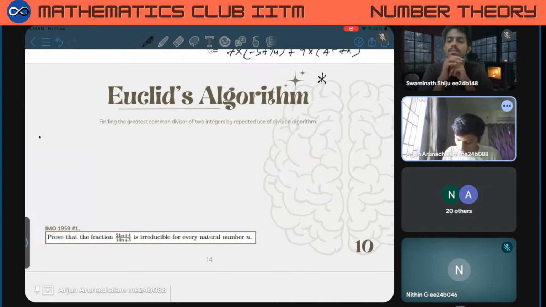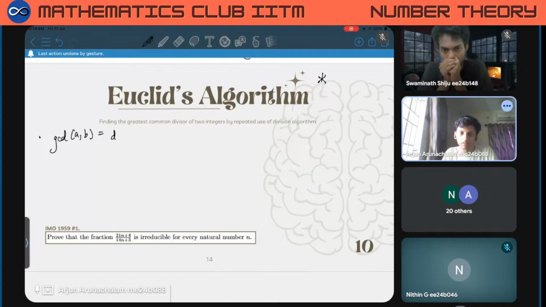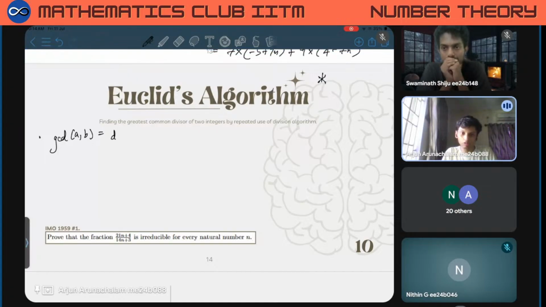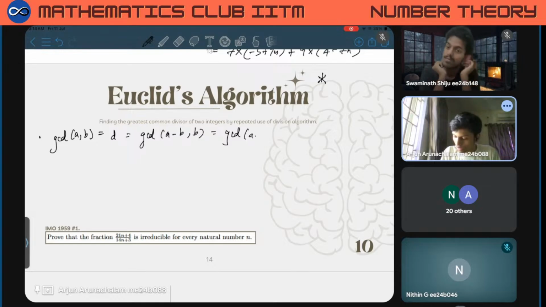Basically this theorem states that if GCD of a comma b is equal to some, let's say, k, or just d, right? If GCD of a comma b is equal to d, then that is equal to GCD of a minus b comma b, which is also GCD of a comma b minus a, GCD of a plus b comma b, and so on.